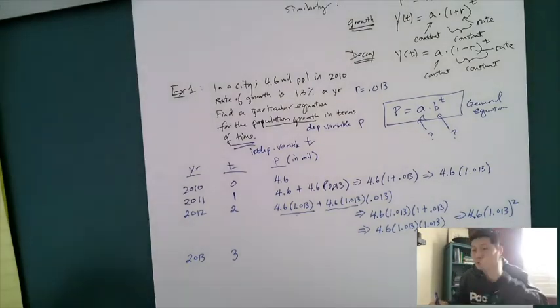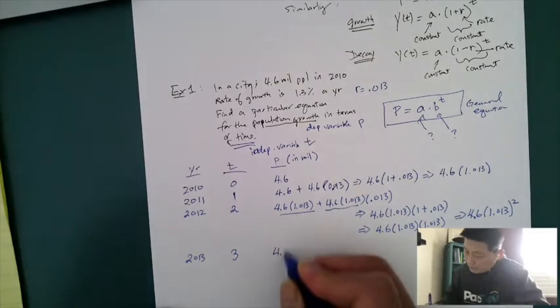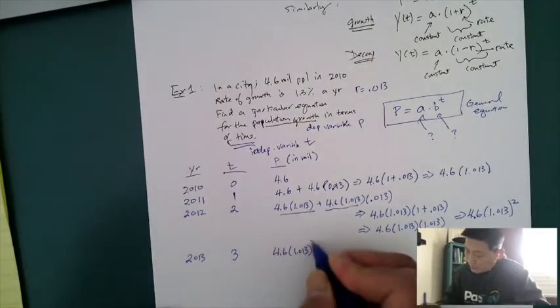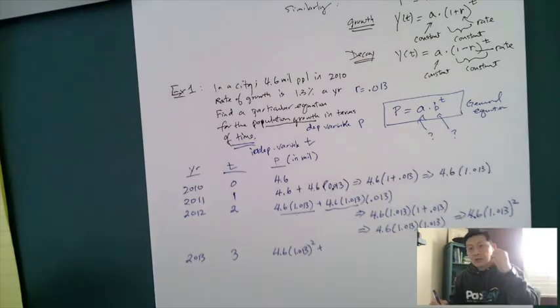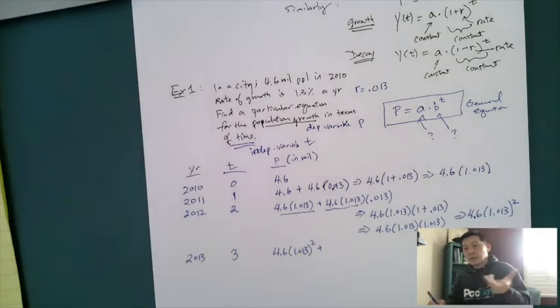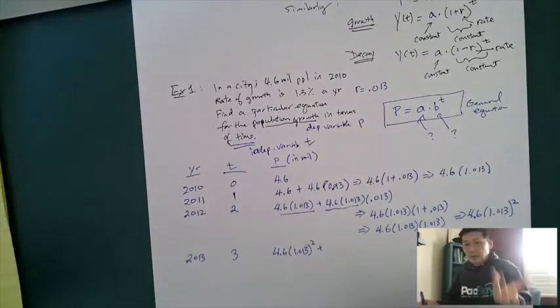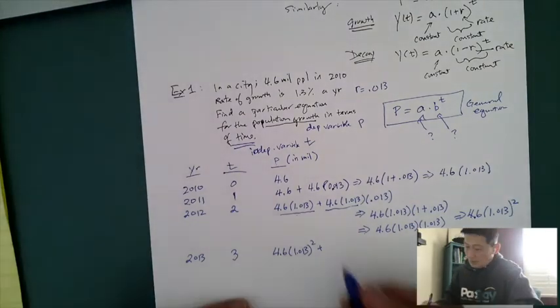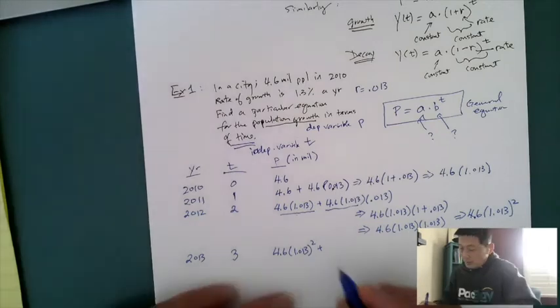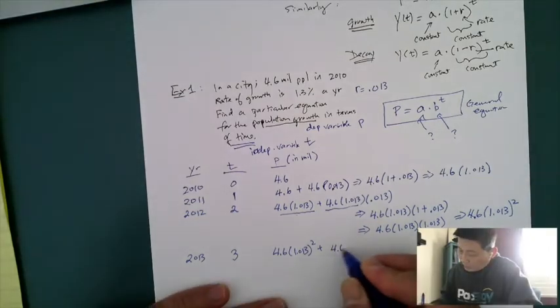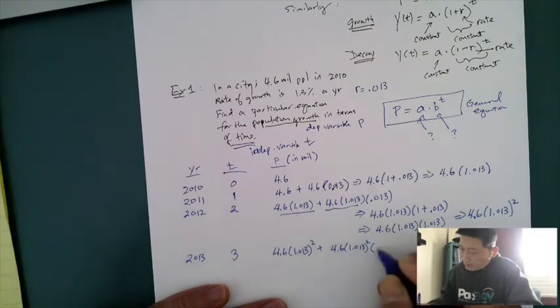So year number 3, you have the previous year's population, which is 4.6 times 1.013 squared, and you have 1.3% on top of that. 1.3% of the previous year, in addition to the previous year's population. So it's 4.6 times 1.013 squared, and then the 1.3%, so times 0.013.